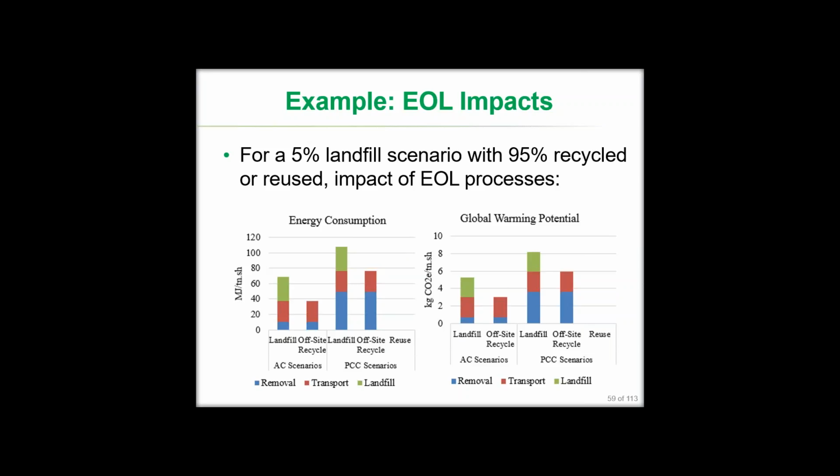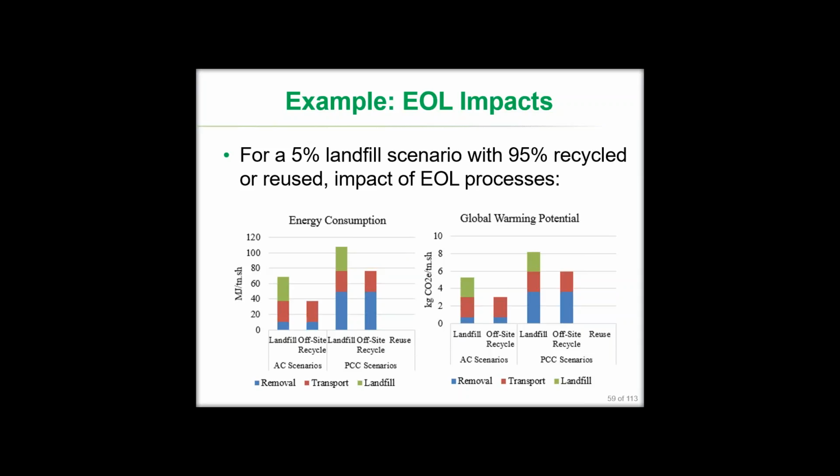For each one of these two figures, we divided for the cases of asphalt concrete or Portland cement concrete, and each one includes the three steps of removal, transport, and landfill.